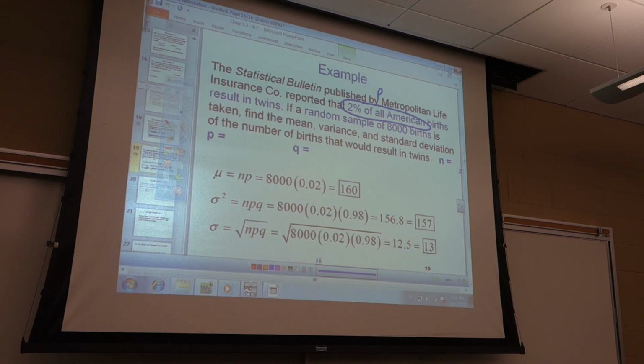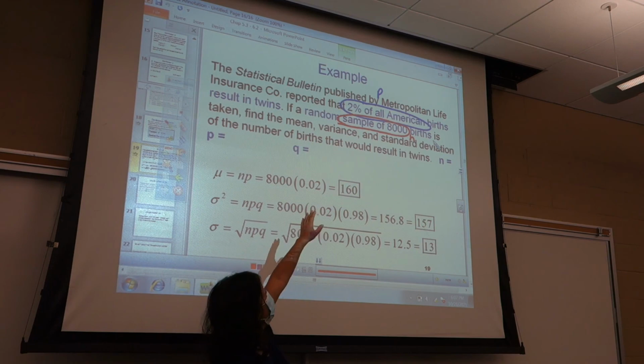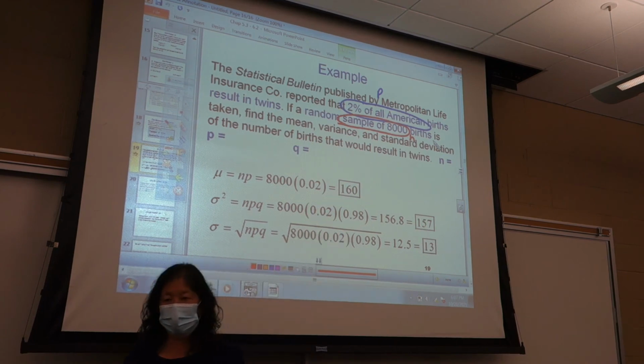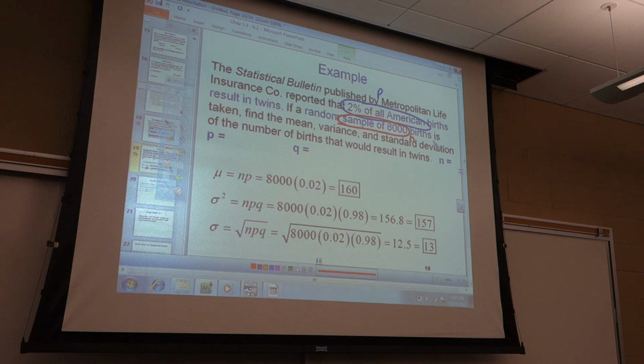In a random sample of, that's my n. So maybe on the side of your pages, you write down random sample of is your n. That's how you find your n. Random sample of n. You have p% of all Americans. That's always going to be your little p. Okay. Find the mean, variance, and standard deviation.